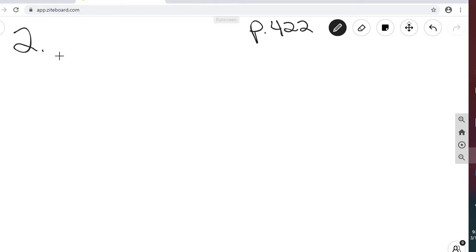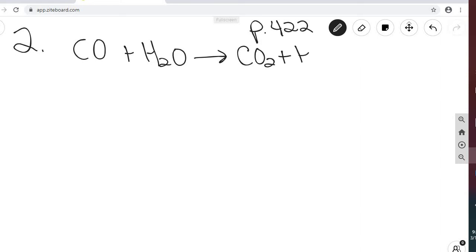Okay, so here's the reaction. Carbon monoxide plus water will give us CO2 and hydrogen gas. We want to know what is the enthalpy associated with this chemical reaction.